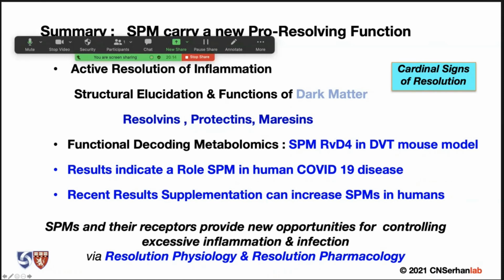And I've shown you results suggesting a role for SPMs in human COVID-19 disease and recent results from supplementation indicating that SPMs can be increased in humans. So with their receptors, we think that this could help in the control of excessive inflammation and infection via resolution physiology and resolution pharmacology.